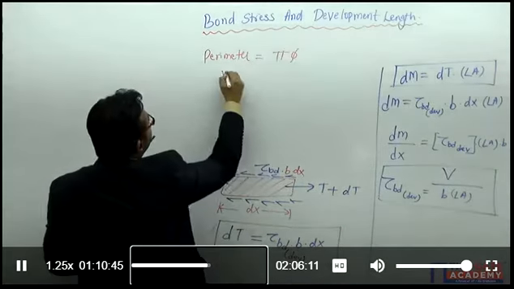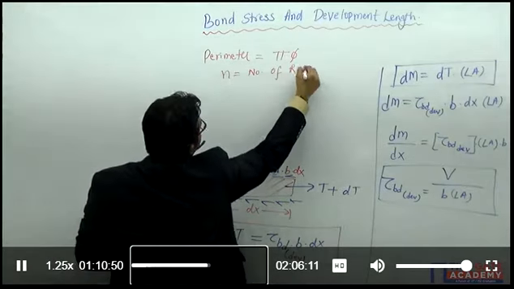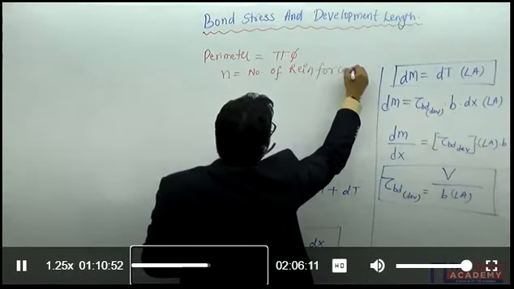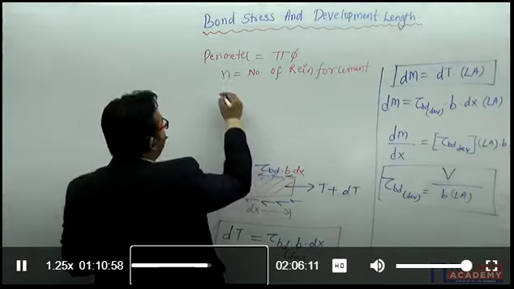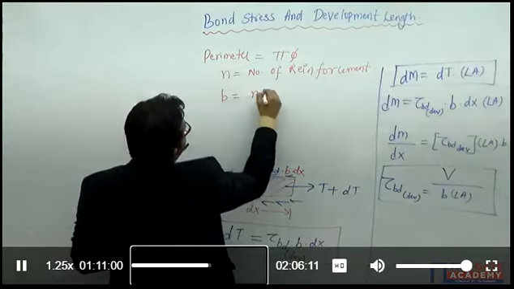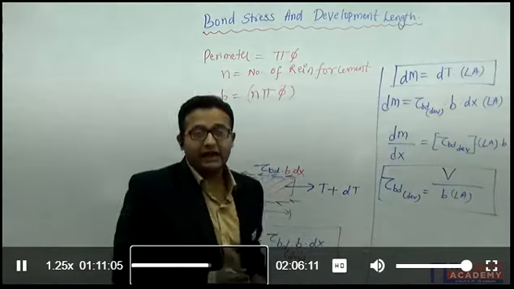But suppose n number of reinforcement you have provided, so total perimeter, meaning B, I can write as n pi phi. So in the place of B I can write n pi phi.